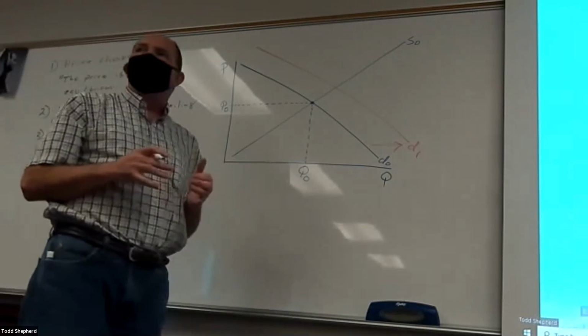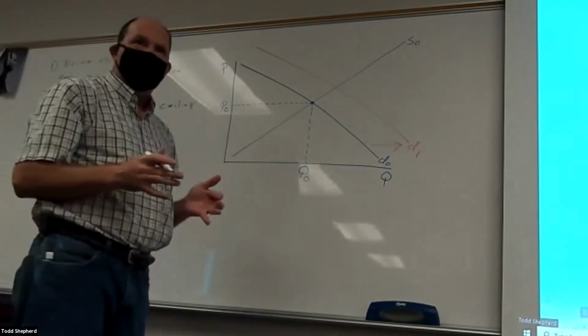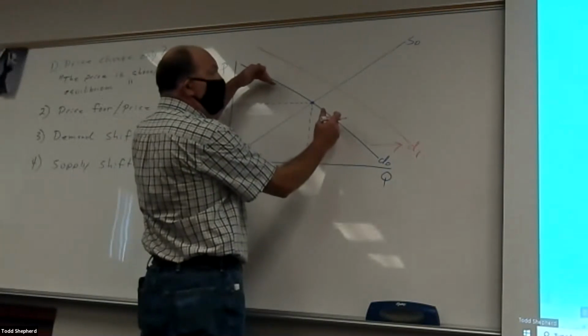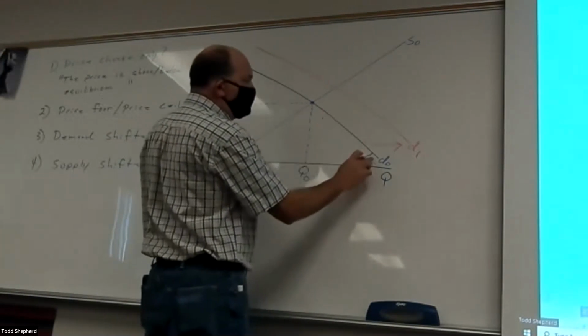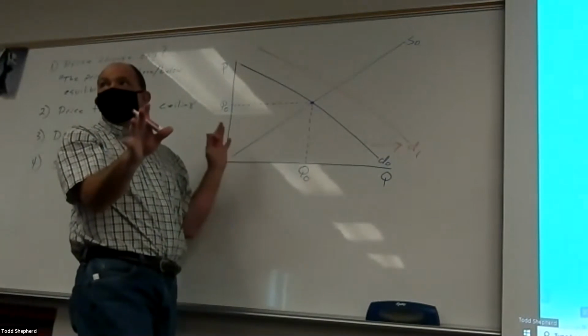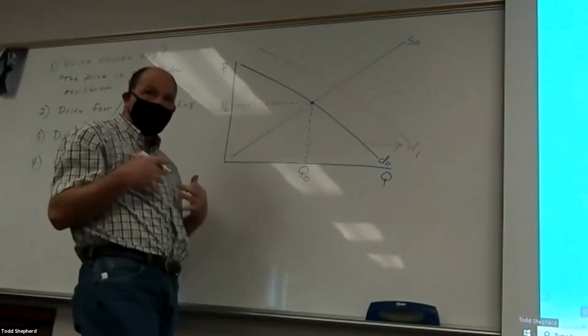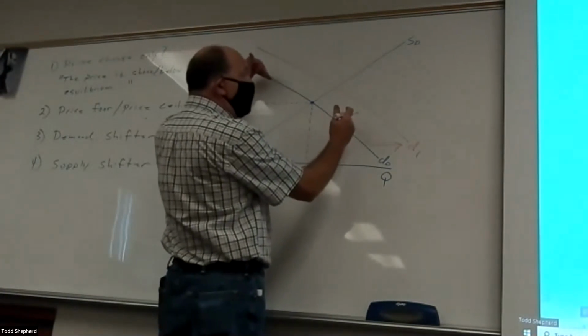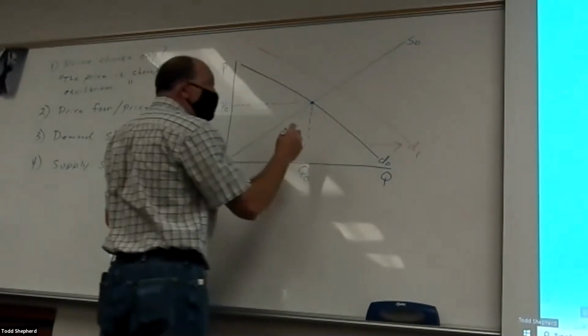Now, I want you to notice logistically what has happened here. We started out on this demand curve, but now as demand increases, the blue demand curve does not exist anymore, correct? I'm going to leave it there because I want to know where we started, but it no longer exists. This demand curve is now pushed out and to the right.